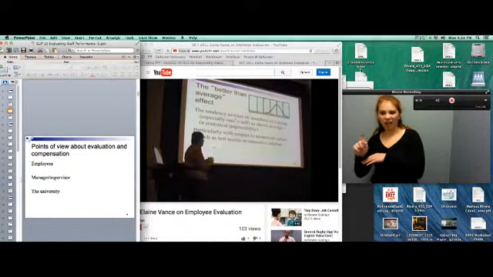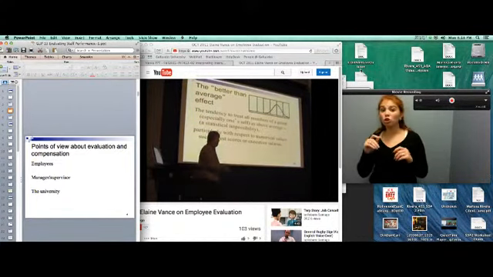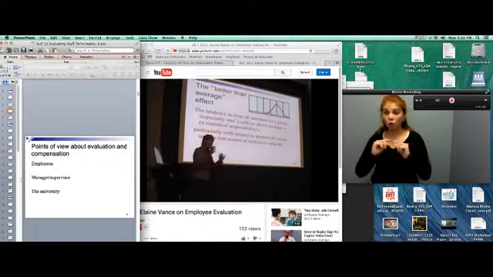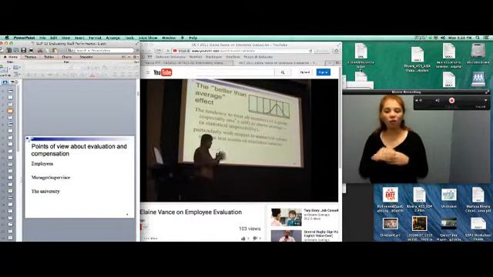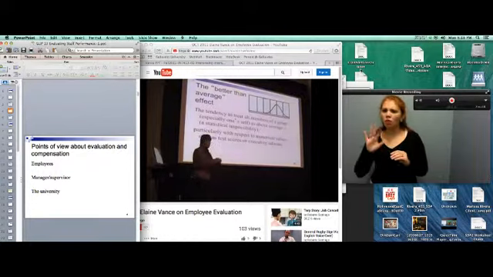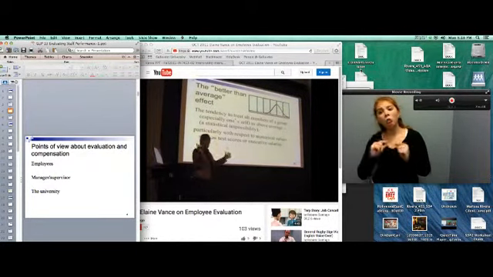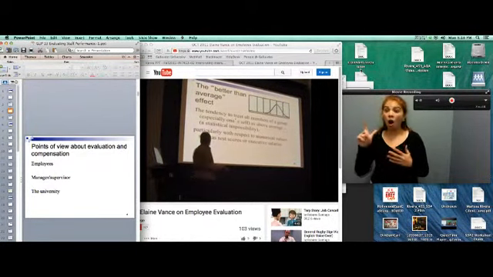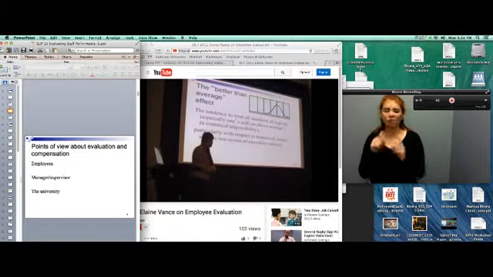It's a tendency to treat all members of a group as above average. When I was talking about the ratings, I was saying that your above average ratings should be a small number of your employees. Some supervisors think all their employees are above average. It's basically statistically impossible.